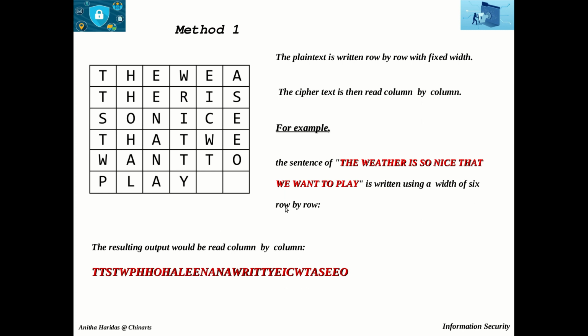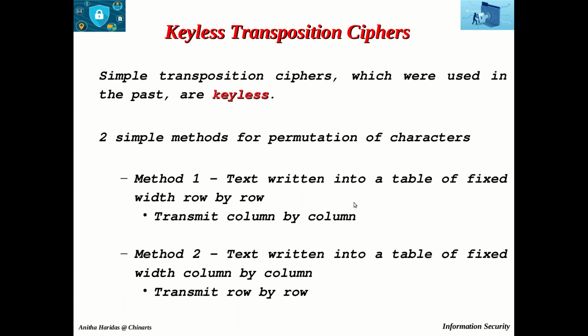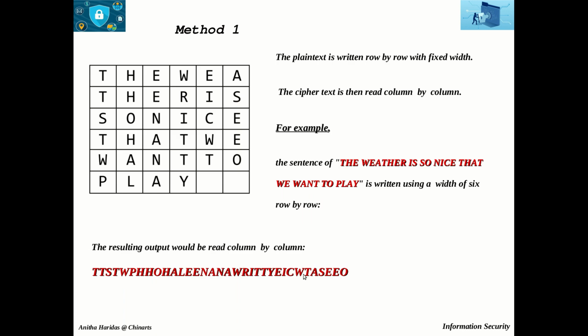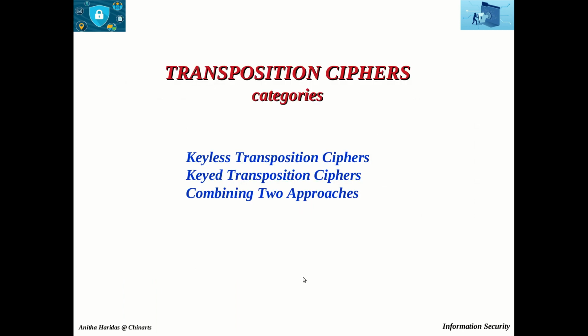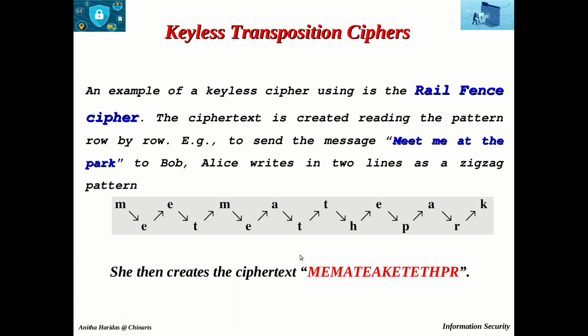These are one version of the first method and second method, which I call the permutation of characters done with method 1 and method 2 in a particular version. Now the same method 1 and method 2 also have another version, which we are going to have as a keyless transposition cipher itself.